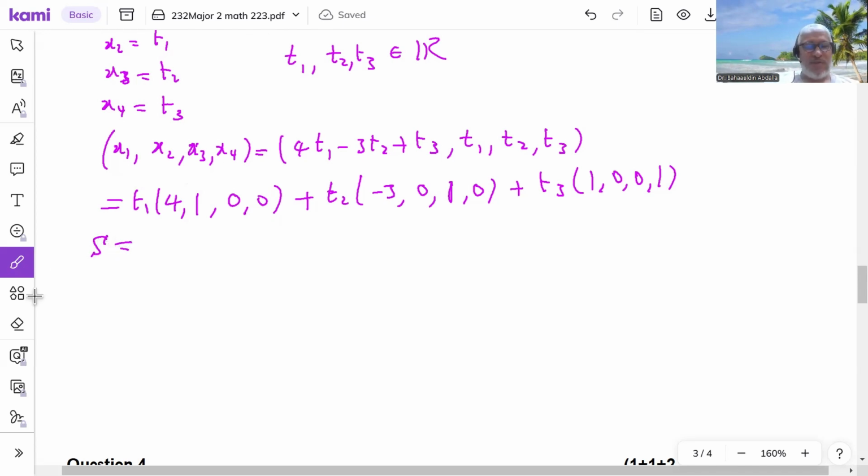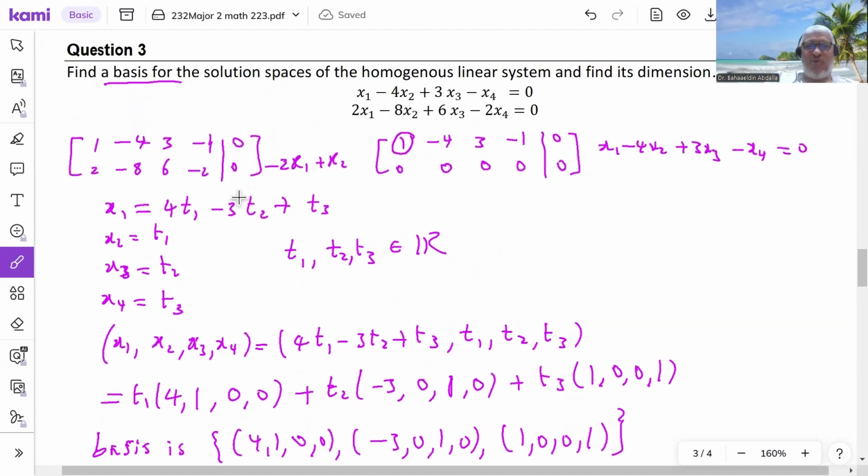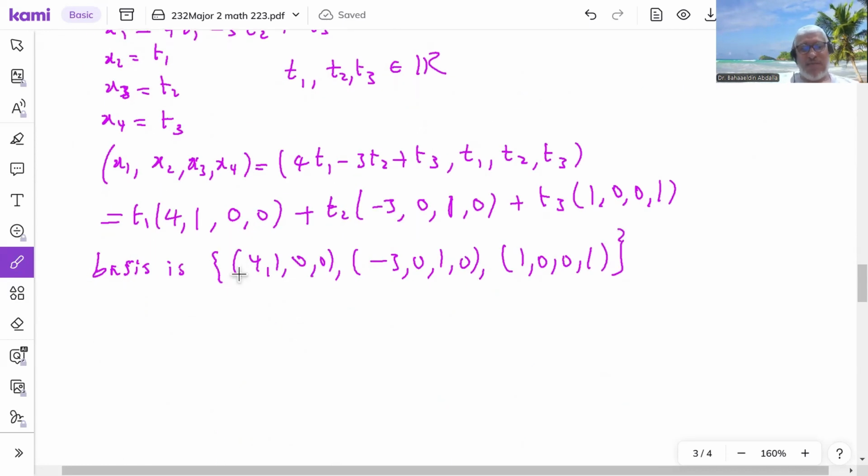So S, or the basis, is (4, 1, 0, 0), (-3, 0, 1, 0), and (1, 0, 0, 1). This is a basis for the solution space. So any solution of this system can be written as a linear combination of these three vectors. They span the whole solution space and they are a basis.